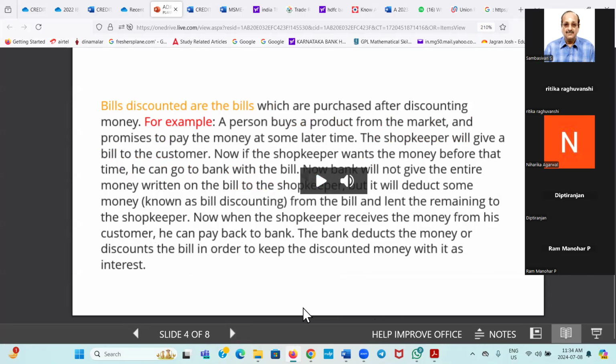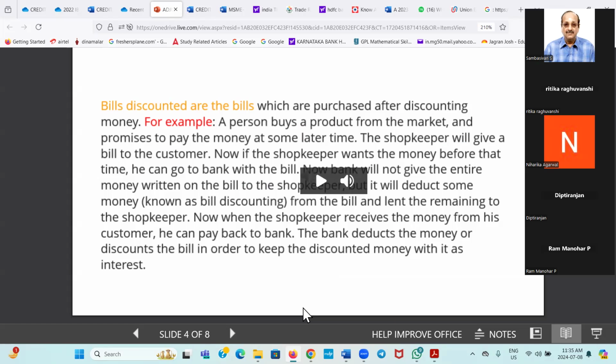bills discounted, or the bills which are purchased after discounting money. For example, a person buys a product from the market and promises to pay the money at some later time. The shopkeeper will give a bill to the customer. Now, if the shopkeeper wants the money before that time, he can go to the bank with the bill. Now the bank will not give the entire money written on the bill to the shopkeeper.